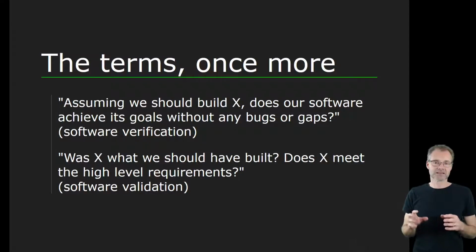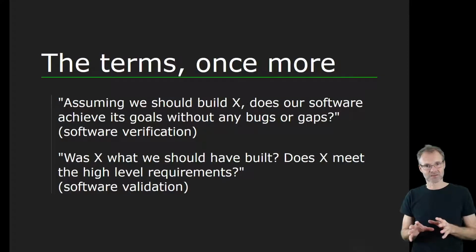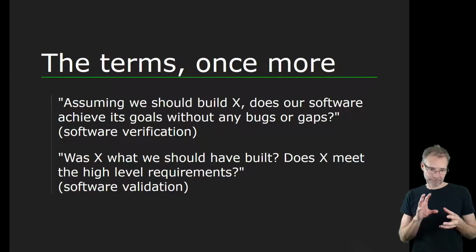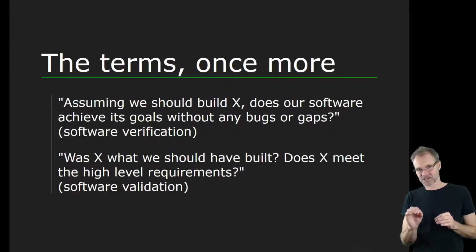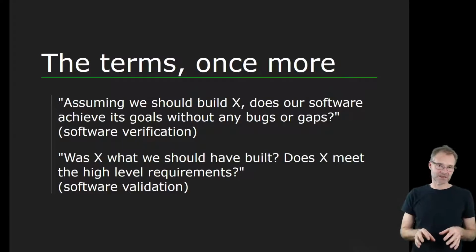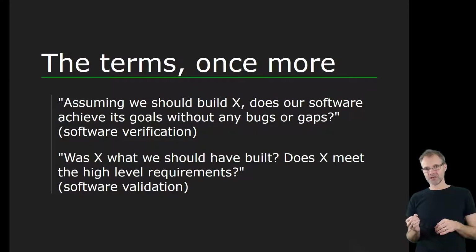So let's keep in the back of our head verification and validation. That is about testing and showing that the product is working. Verification is more that the product is correct, it does work. Validation is more, did we really do the right product here? Should we have built or delivered another product?